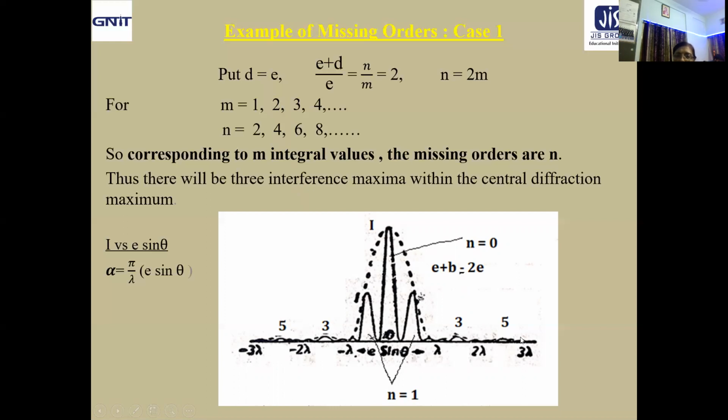But what about the sixth order? Sixth order will not be visible because it will coincide with third order diffraction minima.